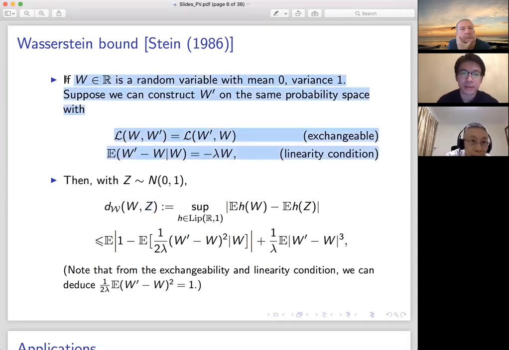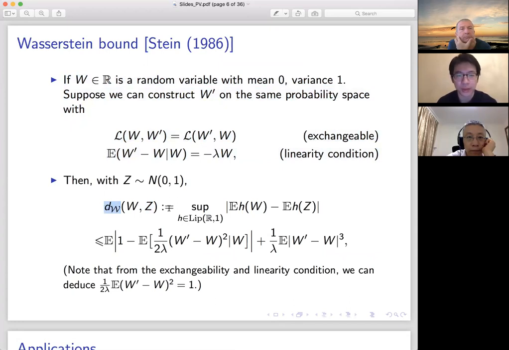Here the Wasserstein distance between two random variables is denoted by d_W, and it's defined to be the sup of the absolute difference between E h(W) and E h(Z), where the test function h is taken over all Lipschitz functions with Lipschitz constant 1.